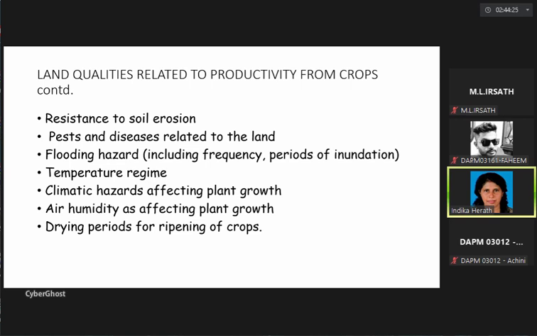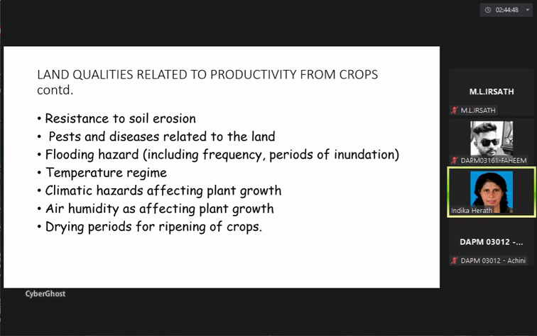So humidity is something you need to consider, especially in dry periods. How difficult it is for plants to survive under high temperatures depends on the humidity, right?